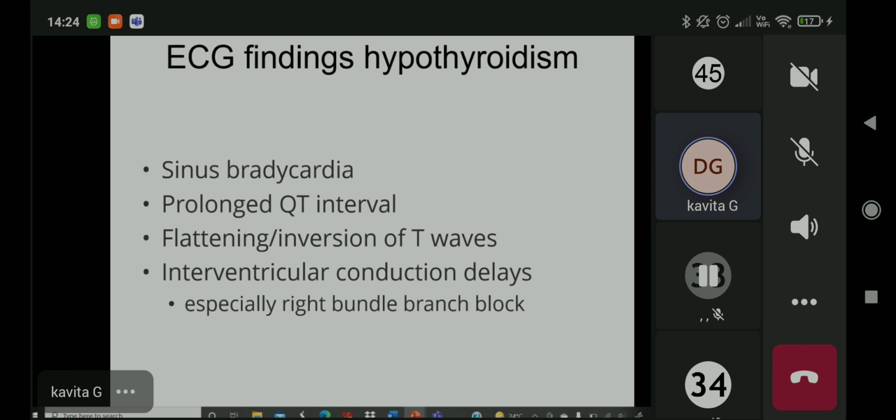So it is actually associated with disturbances in rhythm, like right bundle branch block and conduction delays. As I mentioned, the overall electrical impulse generation across the heart has also slowed down. That's why you're having these conduction delays and bradycardia.